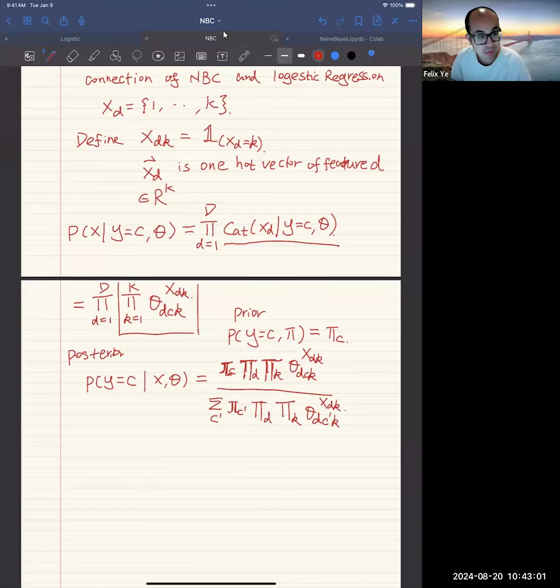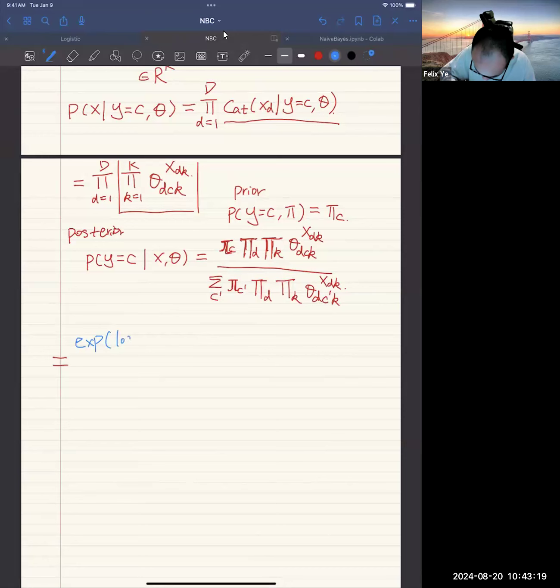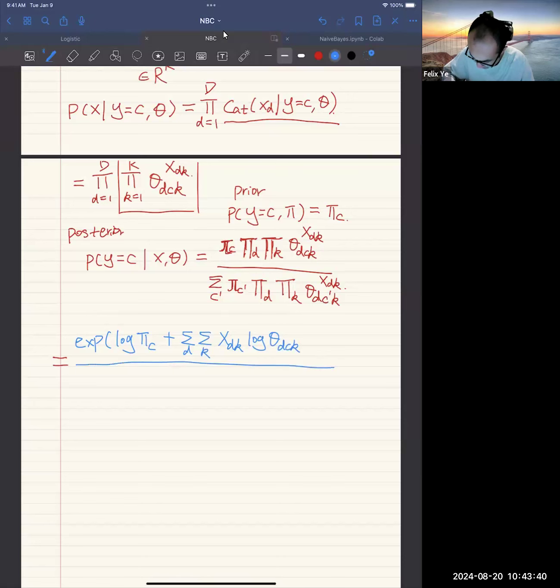You have probably seen this before. I'm going to rewrite things a little bit. This becomes the following: the exponential of the logarithm of pi_c plus the summation over d, summation over k, of x_dk times the logarithm of theta_dck.